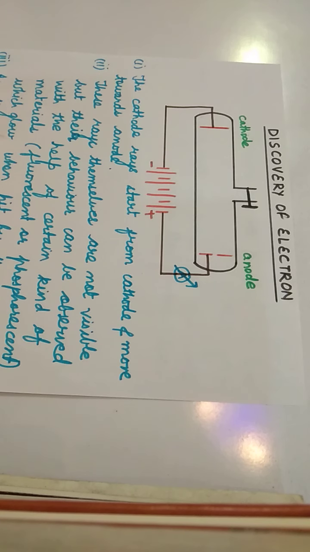So as we all know, generally we know that an atom consists of electron, proton and neutron. But earlier it was not known. Dalton told us that atom is indivisible and it is the smallest particle which takes part in a chemical reaction. This is what is given by Dalton's atomic theory.